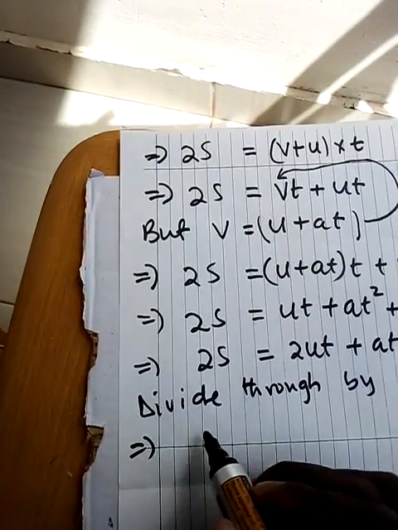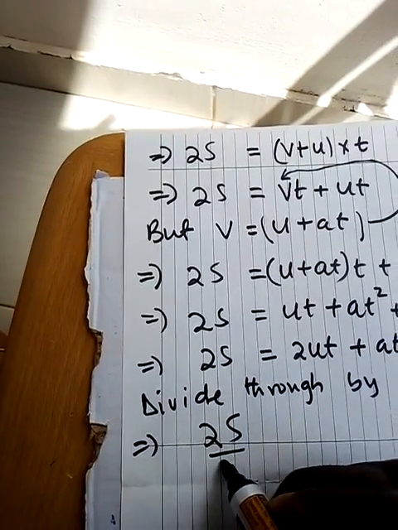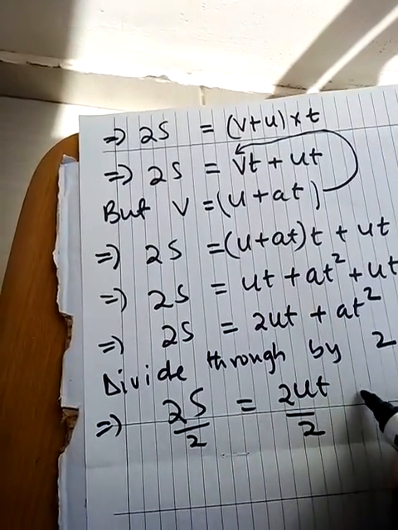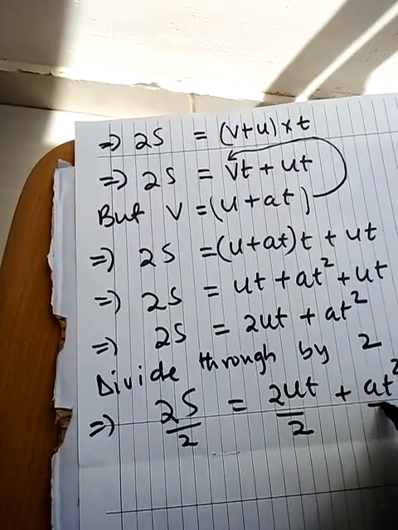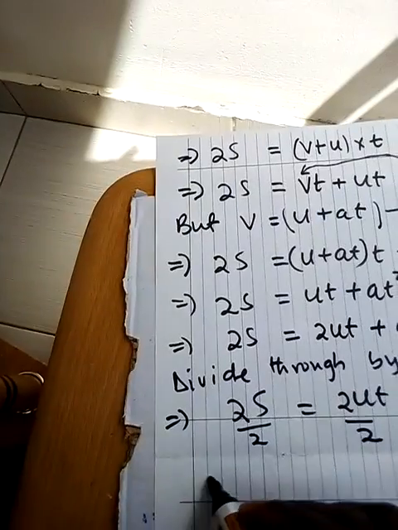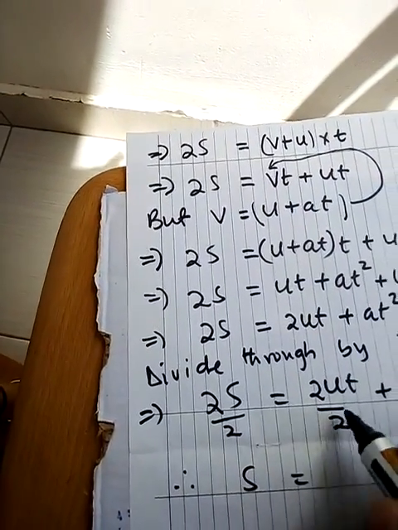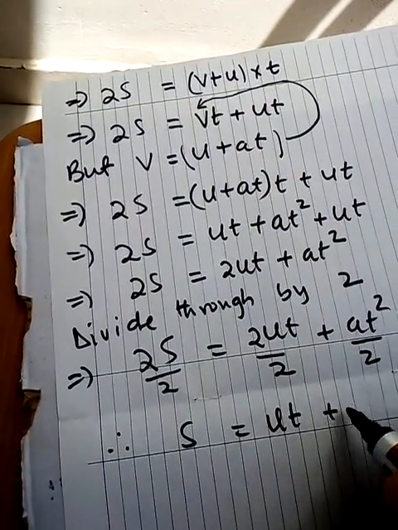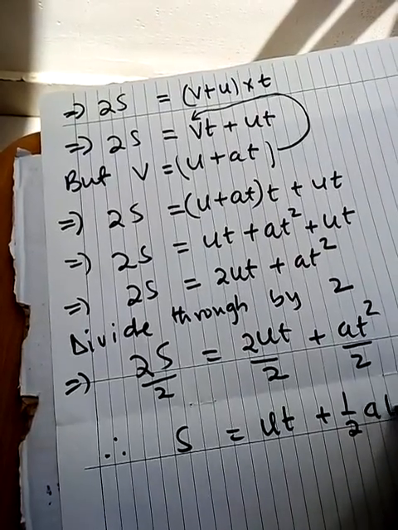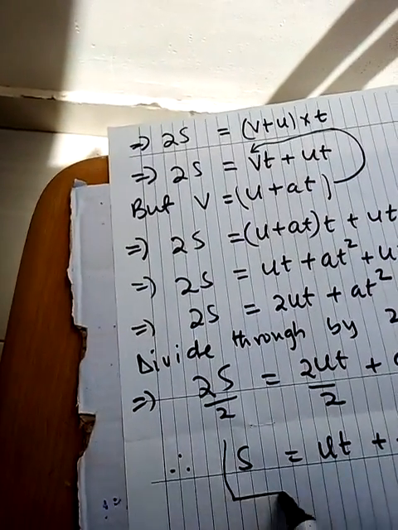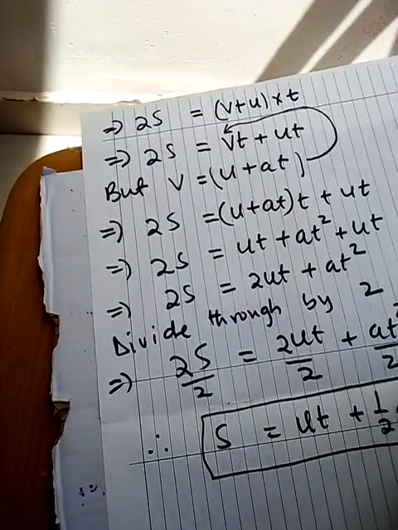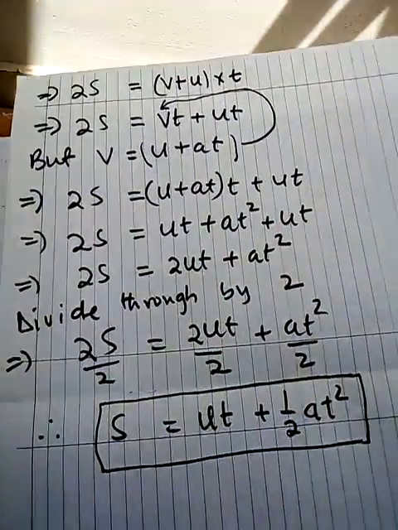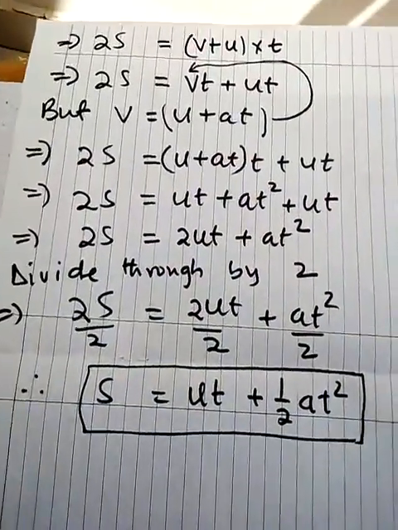That would mean you have 2s divided by 2 is equal to 2ut divided by 2 plus at squared divided by 2. And eventually you will have s is equal to ut, because the 2 cancels out, plus a half at squared. So this is called the second equation of uniformly accelerated linear motion.